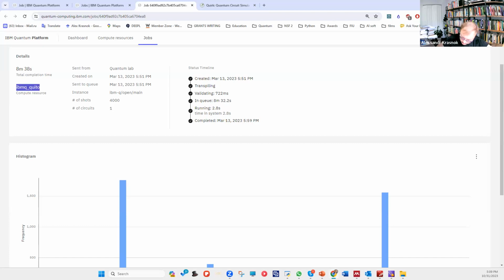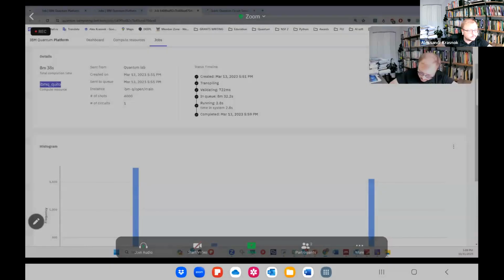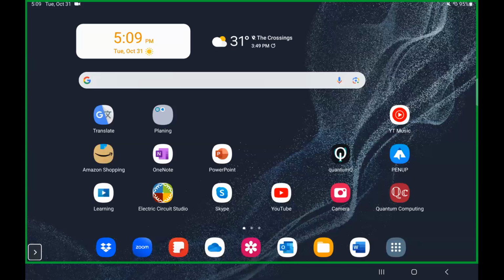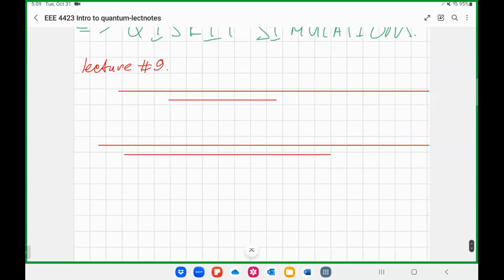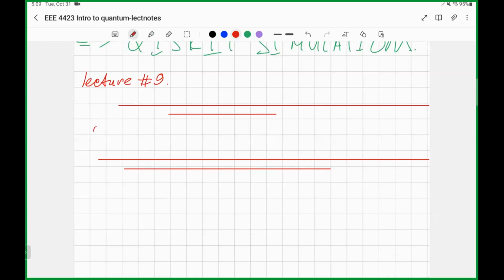Okay, so chapter number 4. Let's call this one quantum algorithms.